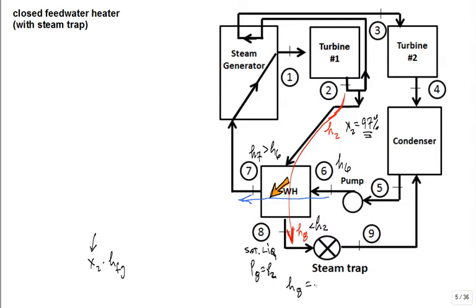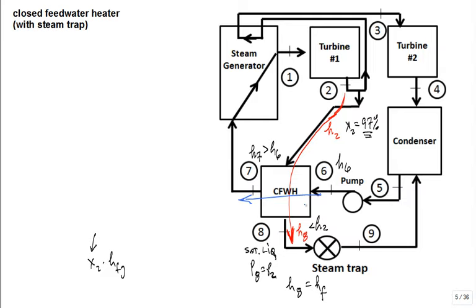So we have an idea of what's happening in this closed feedwater heater. Why do they call it closed instead of open? They don't mix. There's a wall, some high conductivity solid material that has minimum resistance to heat transfer. That's why it's high thermal conductivity. But it separates the two fluid streams so they don't mix.